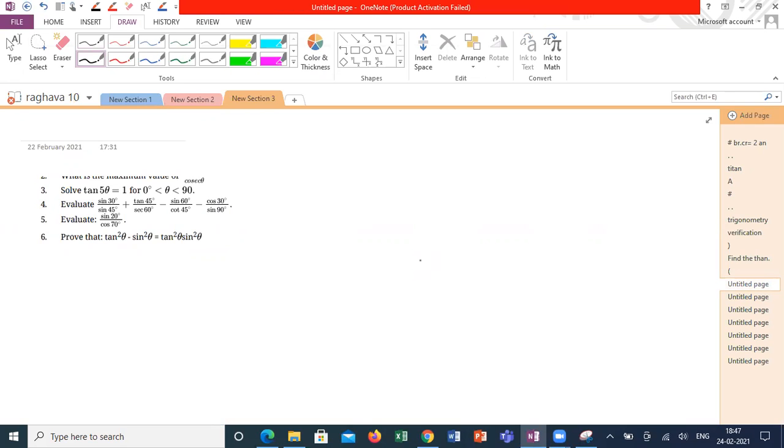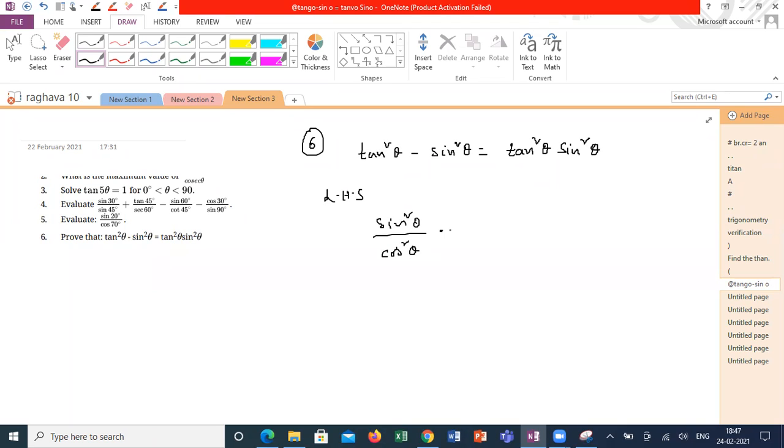Yes, sir. So try to solve the sixth question. How to do the sixth question? Anyone can explain? Tan square theta minus sine square theta is equal to tan square theta into sine square theta. Simple. Take LHS, convert everything into sine and cos. This is sine square theta by cos square theta minus sine square theta.